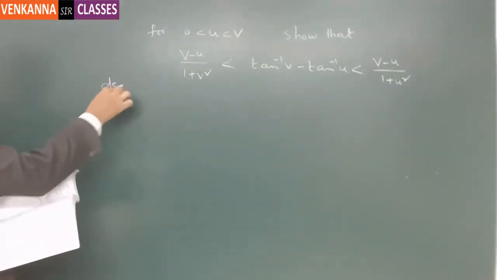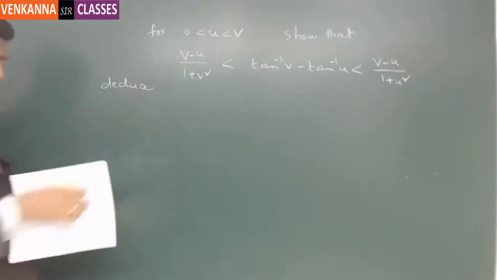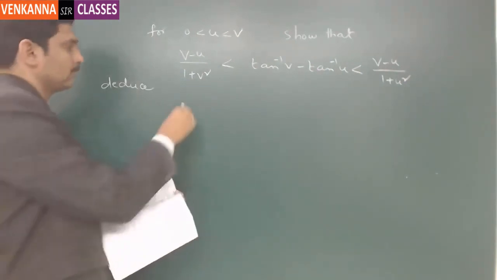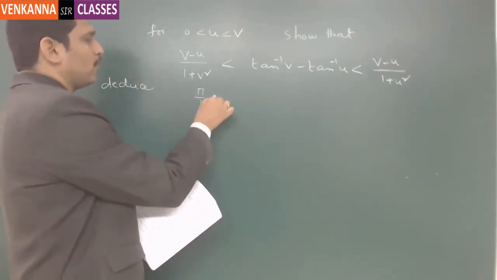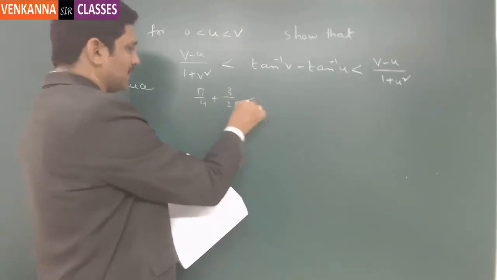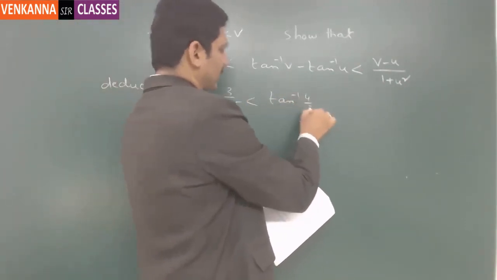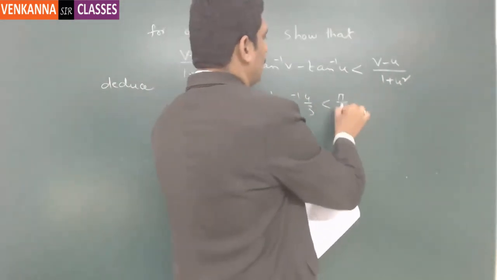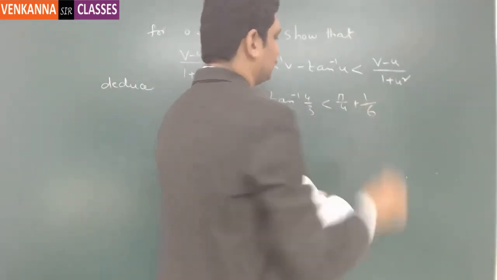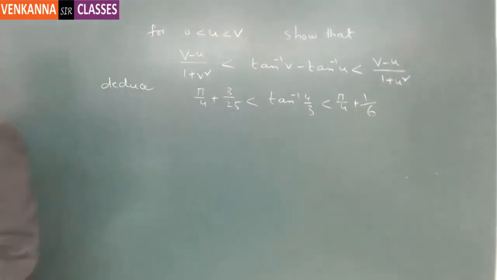Hence, deduce that pi by 4 plus 3 by 25 is less than tan inverse 4 by 3 is less than pi by 4 plus 1 by 6. So similar kind of deductions you are going to get by means of Lagrange's mean value theorem.